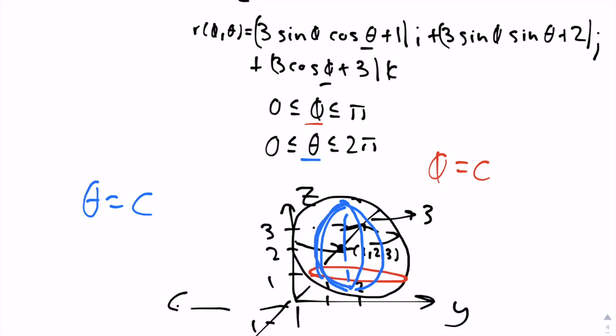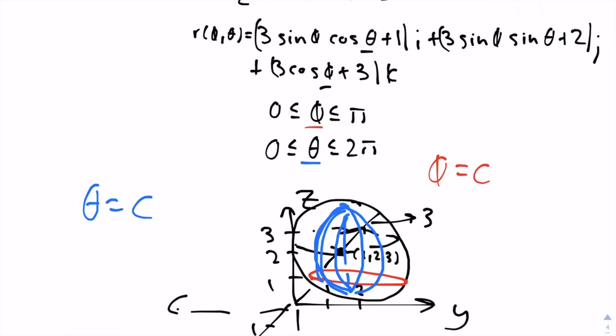And as we set theta equal to some constant value, whether it be 1, 2, 3, it is going to form meridians, which are semicircles connecting the north and south pole. That is what our graphical representation is going to be if we set theta equal to some constant.